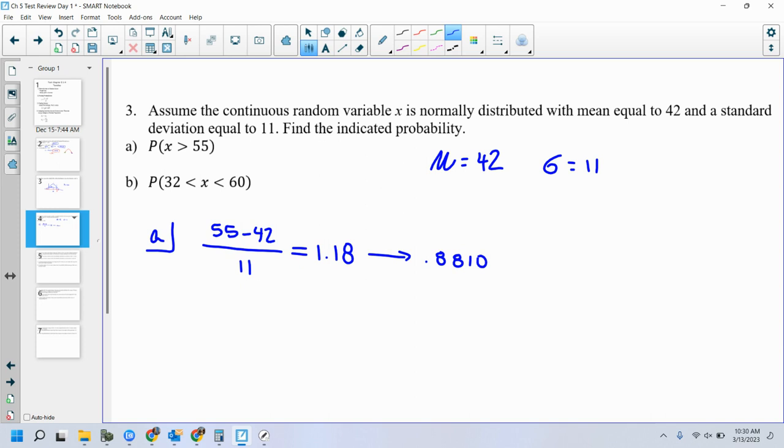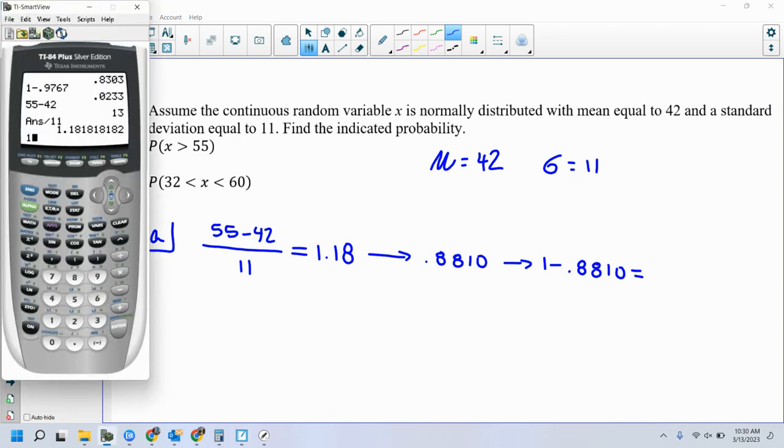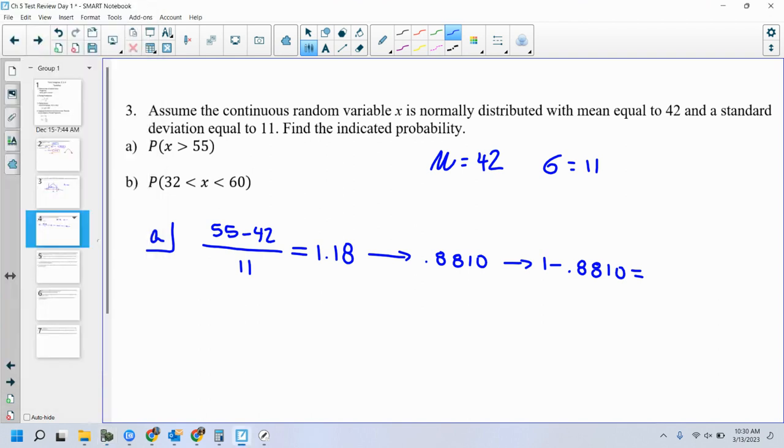And because I'm saying to the right of, greater than, I have to do 1 minus 0.8810, which is 0.1190. And coincidentally enough, if I go to negative 1.18, I get 0.1190.